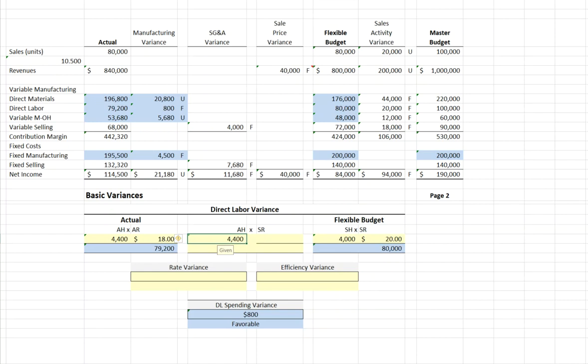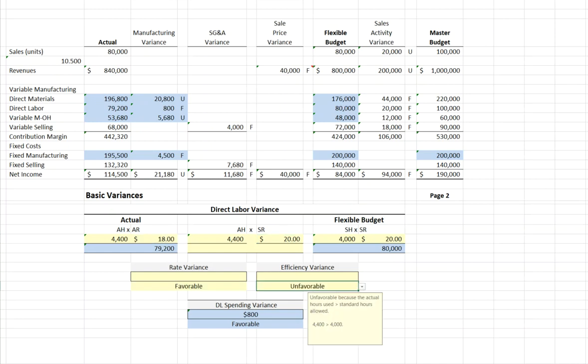If we pick up our center column, our actual hours of 4,400 hours at our standard rate of $20 per hour, we can see right away that this would have given us a favorable rate variance because our actual labor cost of $18 per hour was less than our standard labor rate of $20 per hour.